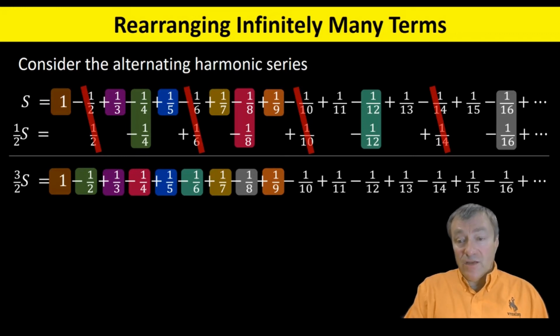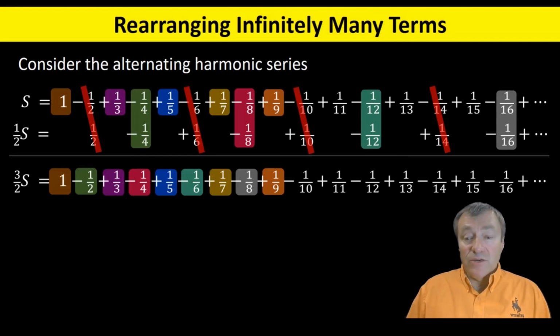And so on. If you keep following this process that we've started here, what emerges on the right-hand side is exactly the series S that we started with. That's our alternating harmonic series. So I can write it equals S. Now we have 3 halves S equals S.